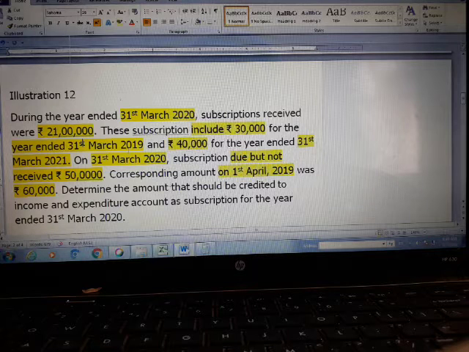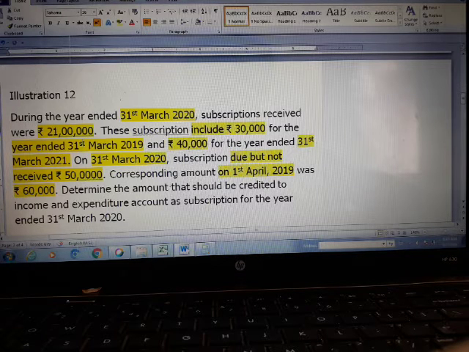So certain amount was outstanding in the previous year and received in the current year, which is included in the total subscription, and the next year's advance is being received in the current year, that is an amount of rupees 40,000, which we are not supposed to include.